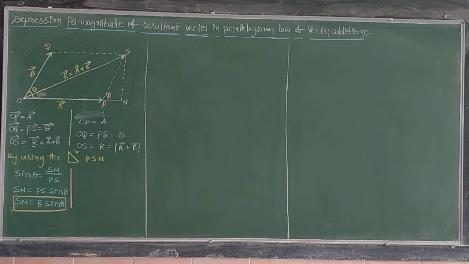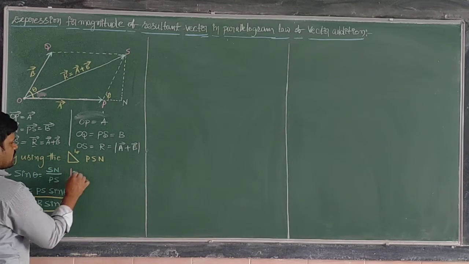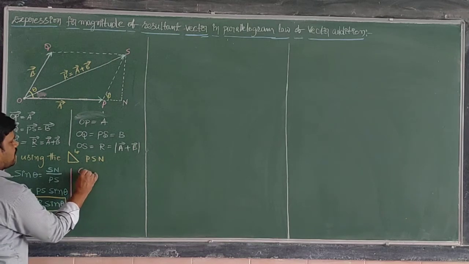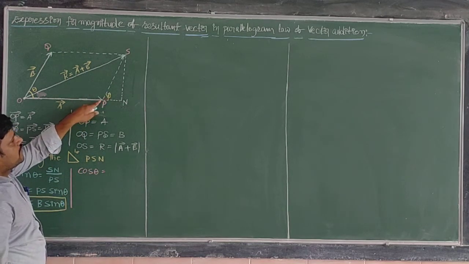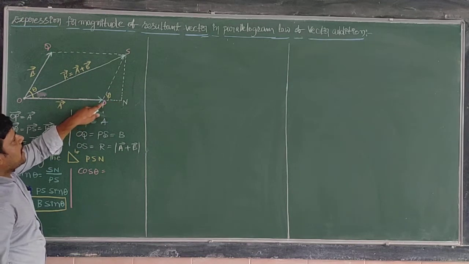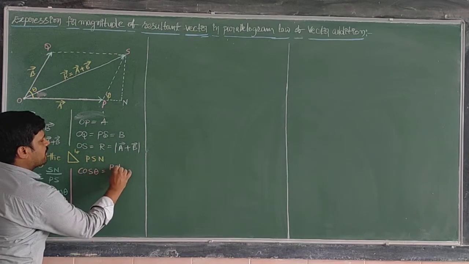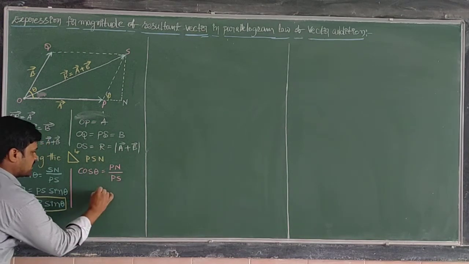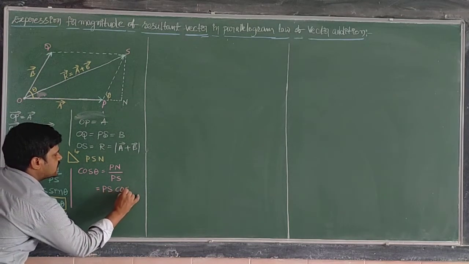Fine. Next, by using the same triangle, let me measure cos theta. Cos theta is equal to adjacent side by hypotenuse. The adjacent side is PN, the hypotenuse is PS. From this, PN is equal to PS cos theta.